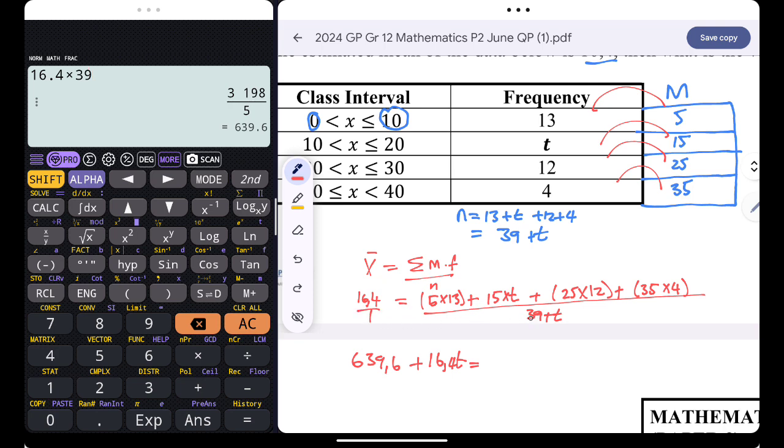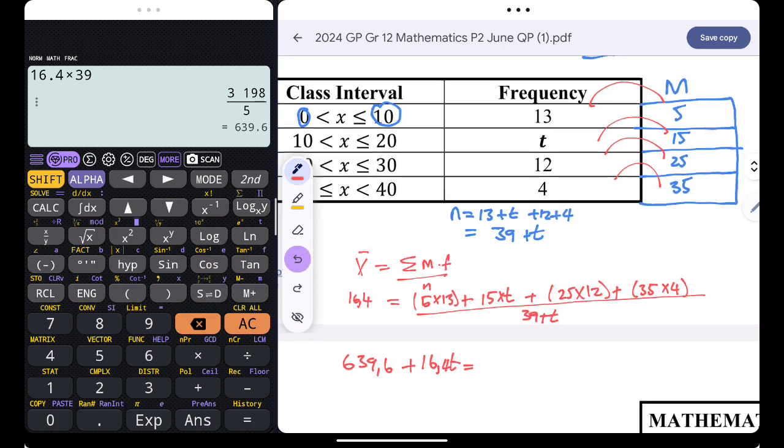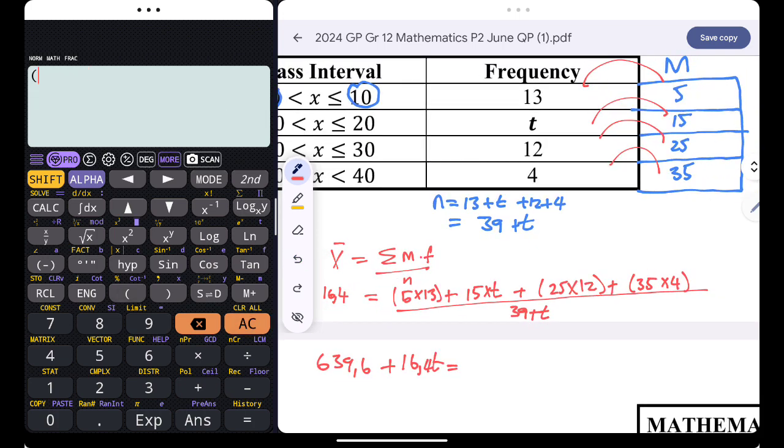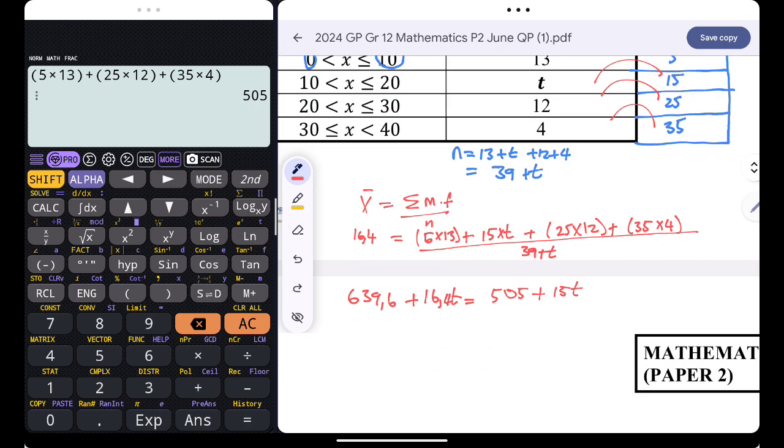On the right hand side, I'll simply have 5 times 13 plus 25 times 12 plus 35 times 4. So this will give me 505 plus 15t. All I have to do is group the like terms.